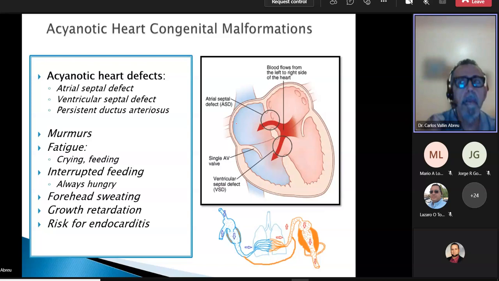And the babies, the newborns, exercise when they are sucking, when they are feeding. They need to suck and swallow, and this is an exercise for them. So in this moment is when the child is going to manifest the symptoms of heart failure. The other moment is when they are crying, but is more evident when they are feeding.